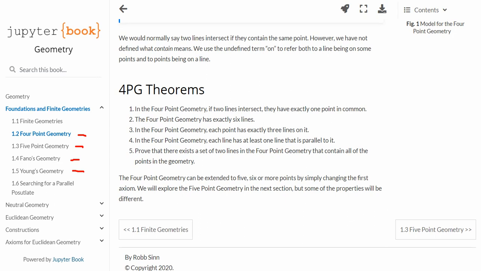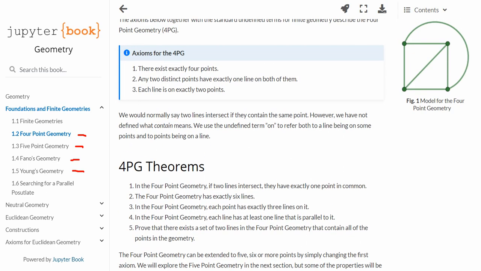You go back up and start thinking about what it means to have intersecting lines. Well, this line across the top intersects with this line down the side, and they have 1 point in common. Now, you can't just point at the figure and say that. We're going to have to prove it, and we'll talk about how to do that. Again, I'll do the proofs of Young's geometry so you get some insights into how that would work.